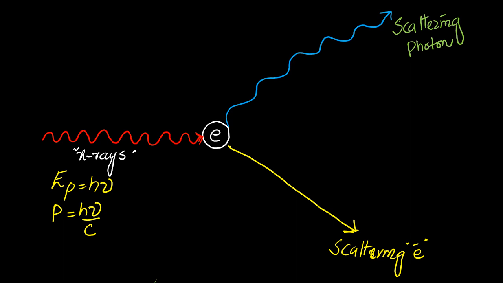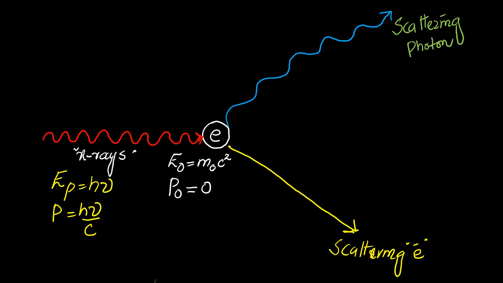The energy of an electron at rest is known as rest mass energy, and it is equal to E is equal to m naught c square. Since the electron is not moving, its momentum is equal to 0.